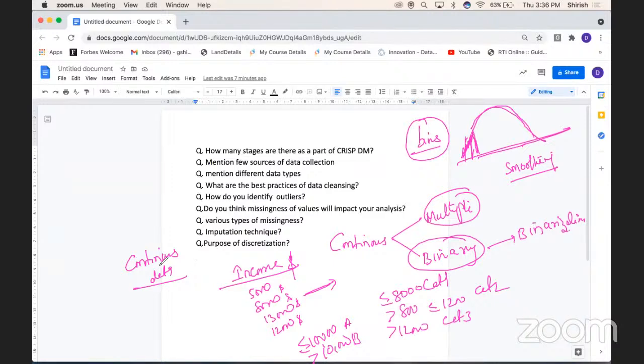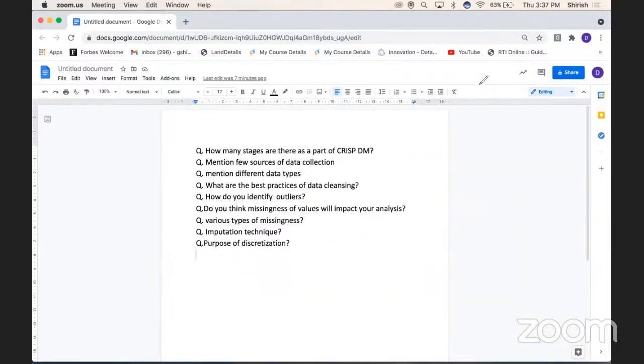Continuous data could be any continuous data, weight, height, anything. You will sort it, and you will do multiple categories or binary categories, or you are doing it through binning. These are the techniques, and this is the purpose of discretization.